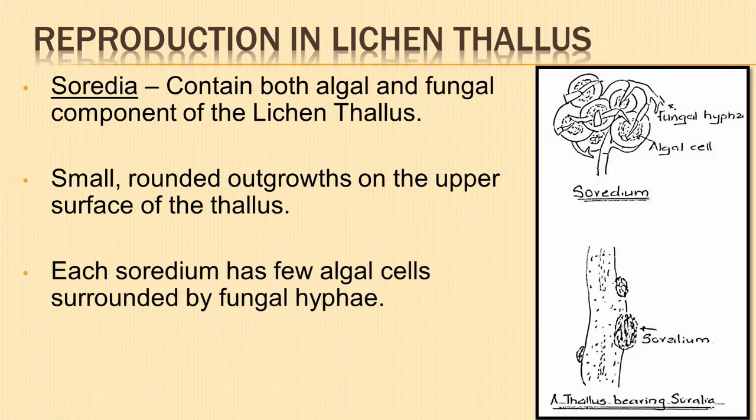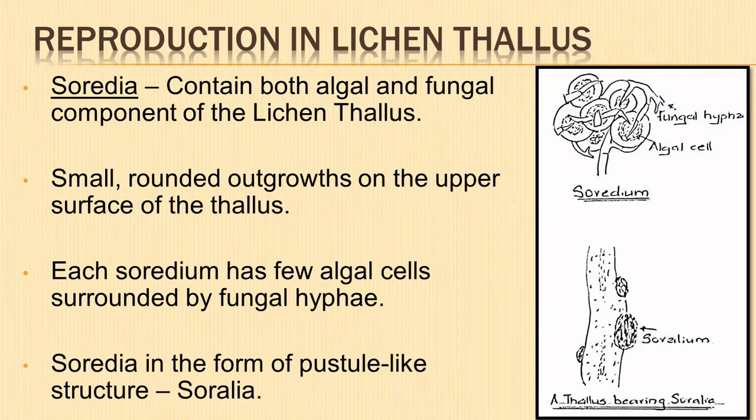Each soredium contains a few algal cells closely surrounded by fungal hyphae similar to the parent thallus. Sometimes soredia may occur as pustule-like well-organized structures, then it is known as soralia.